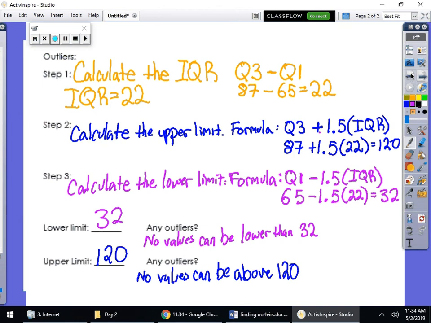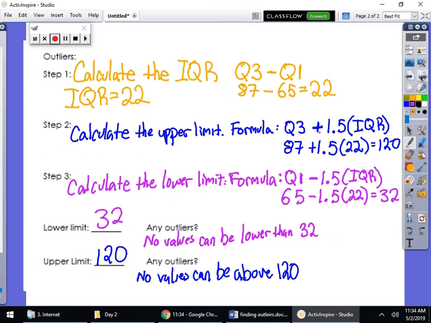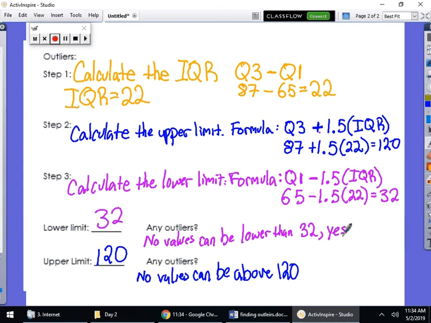So when we go back and look at our data, our highest value was 100, so that's okay because that's not higher than 120, but our lowest value was 22. So what we can say is that we have an outlier. Are there any outliers? Yes, 22, because it is lower than 32.